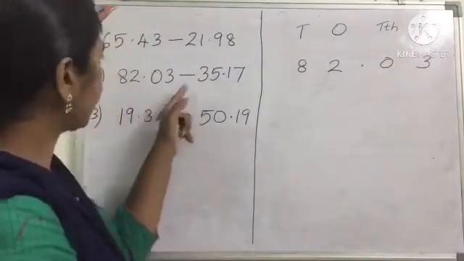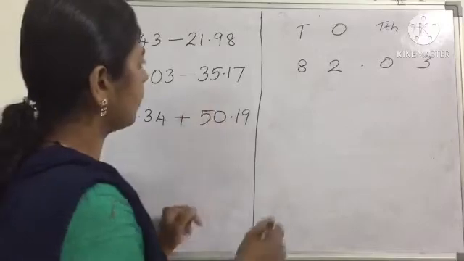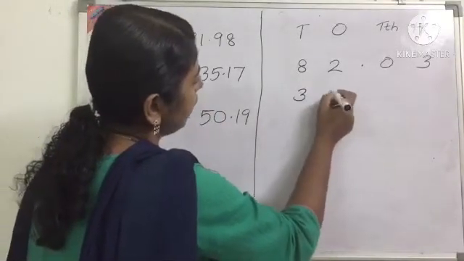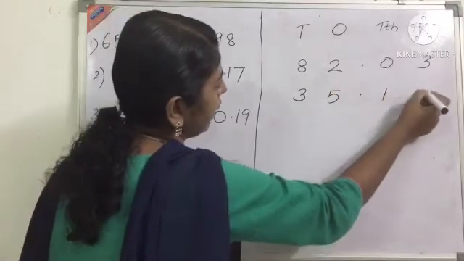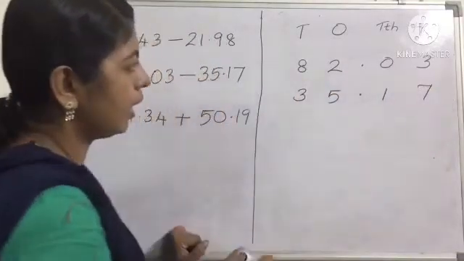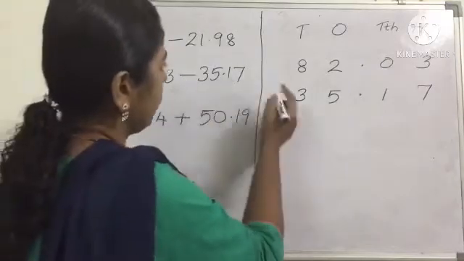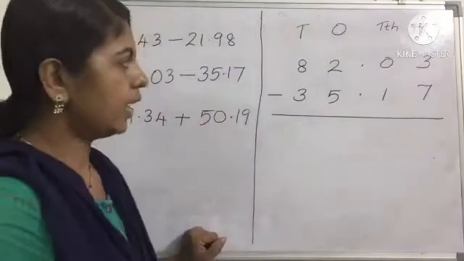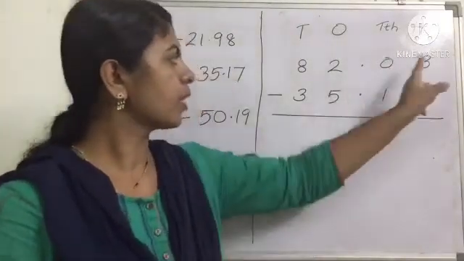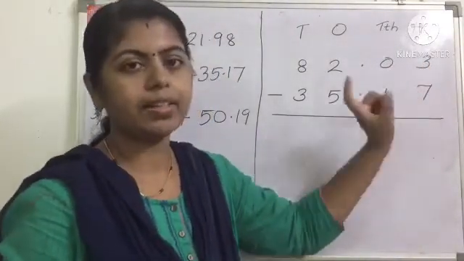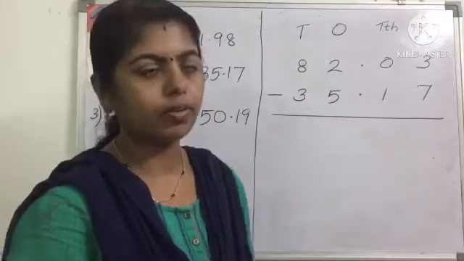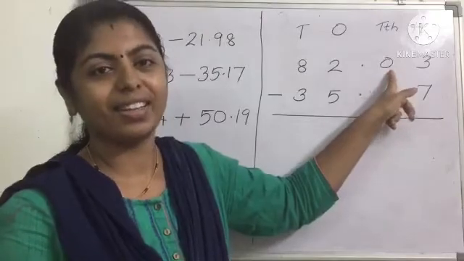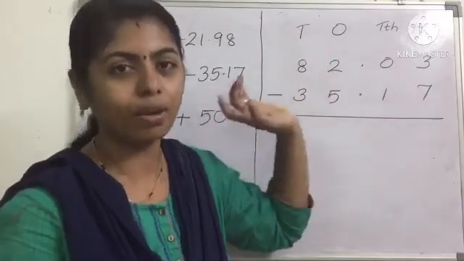Okay, after that we can write the next decimal. It's 35.17. Here we want to subtract, so we can put the subtraction sign also. Then after that 3 minus 7, it's not possible. So what will we do? We can take 1 from here, but here the digit is 0, so it's not possible.